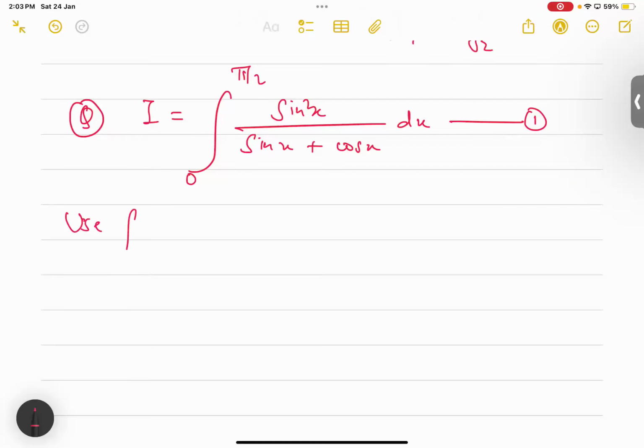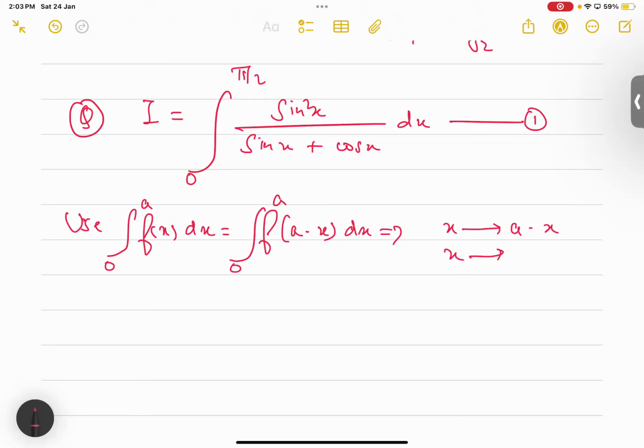Use integral 0 to a of f of x dx equals integral 0 to a of f of a minus x dx. X changes to a minus x. In our case, x will change to pi by 2 minus x.